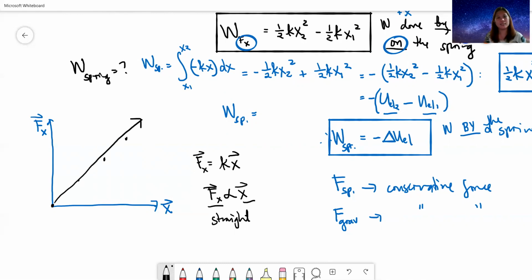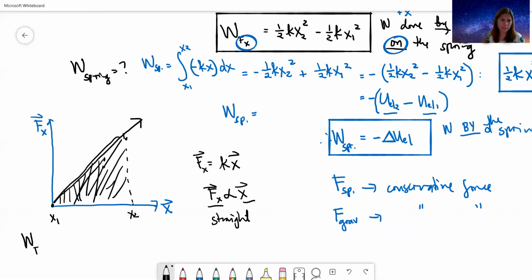So, sabi natin kanina, if you have a force versus position graph, if you get the area under the curve, kunin ko ang area ng curve na ito. Let's say I take this as my x sub 1 and this is my x sub 2. I'll take the area under this curve, and obviously it's a triangle. What's the area of a triangle?